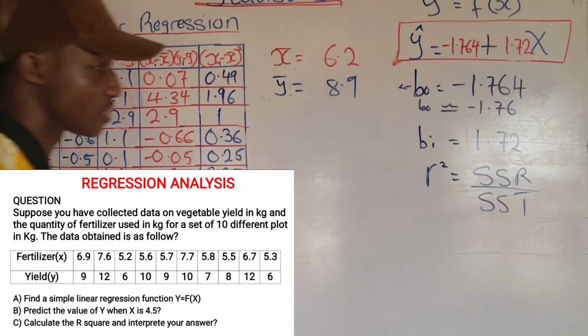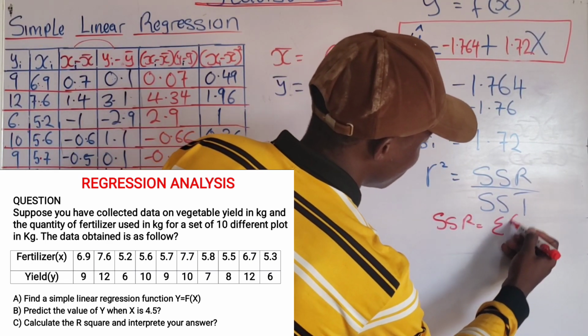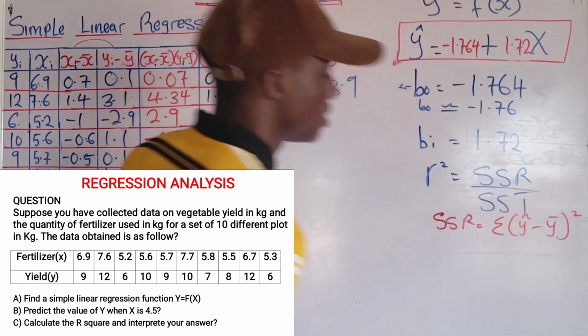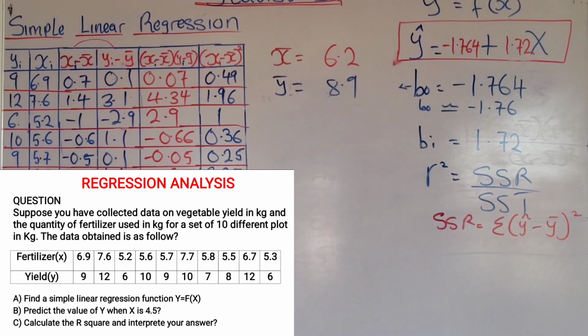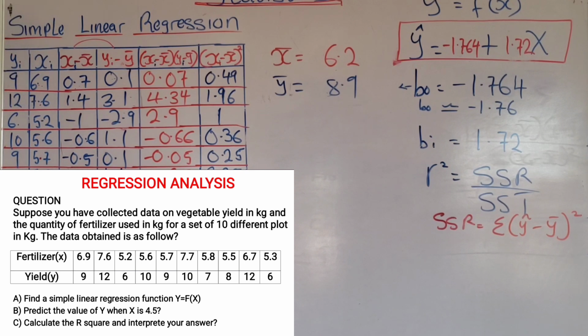The SSR is equal to the summation of the predicted value of y minus the mean value of y, squared. This is the formula that you're going to use to get the SSR. SSR simply means sum of square due to regression.